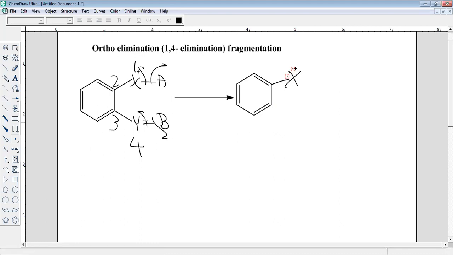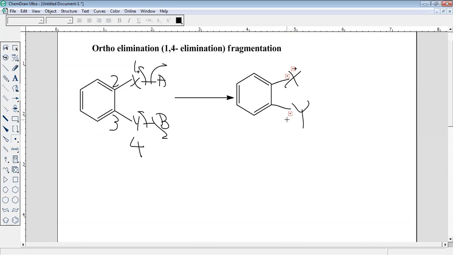Similarly, at this site we have Y. It also has one radical which comes from this homolytic fission. See, it is like this Y radical.